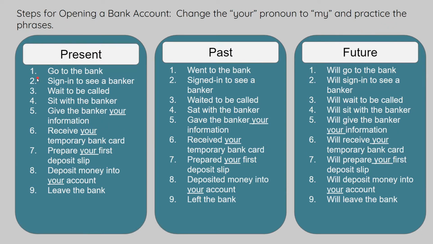So if you want to open a bank account, you have to go to the bank, sign in to see a banker, you have to wait to be called, you sit with the banker, you give the banker your information, you'll receive your temporary bank card, you'll prepare your first deposit slip, you'll deposit money into your account, and then you will leave the bank. And you can practice these in the past and the future tense.